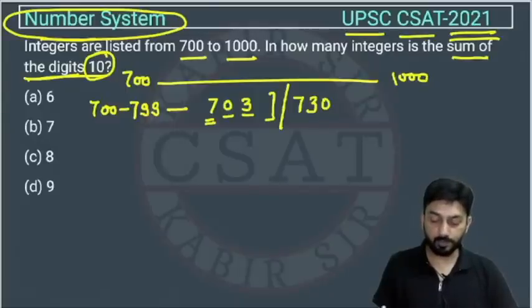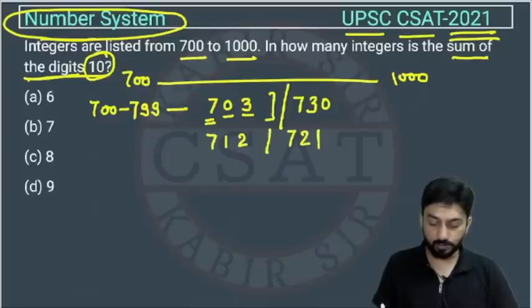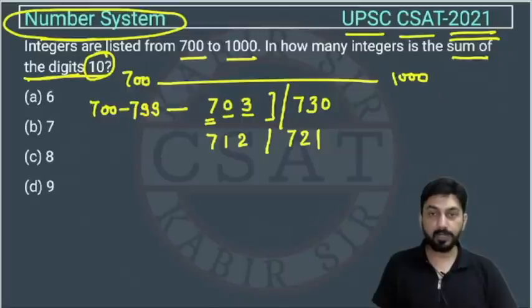Second, 7 remains fixed as I told you, so this can be 1 and this will be 2, or it could be 721, because still we are getting 10. 7 plus 1 plus 2, 10. Here also the same, right? Now can there be any other number? Because we have considered 7, 7 will be here. So this 1 and this 2, then 2 can come here and 1 this side. There cannot be any other number whose sum will be 10.